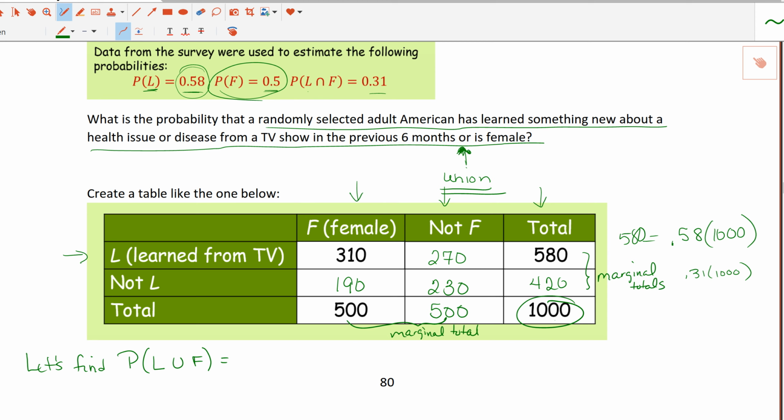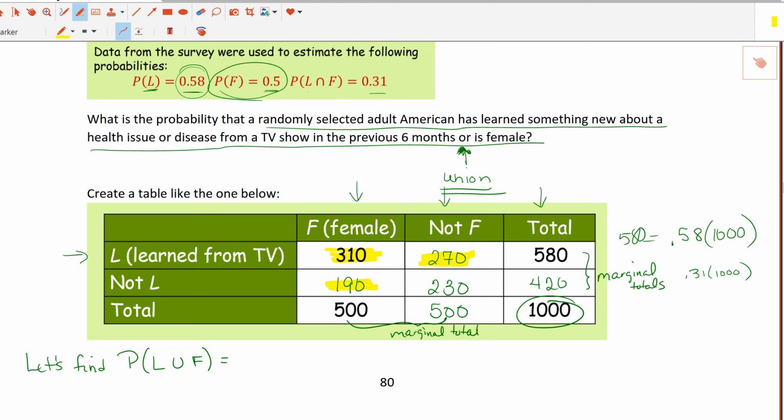Well, if they learned something from TV, or if they were female, means that they're going to be in this group, or this group, right?